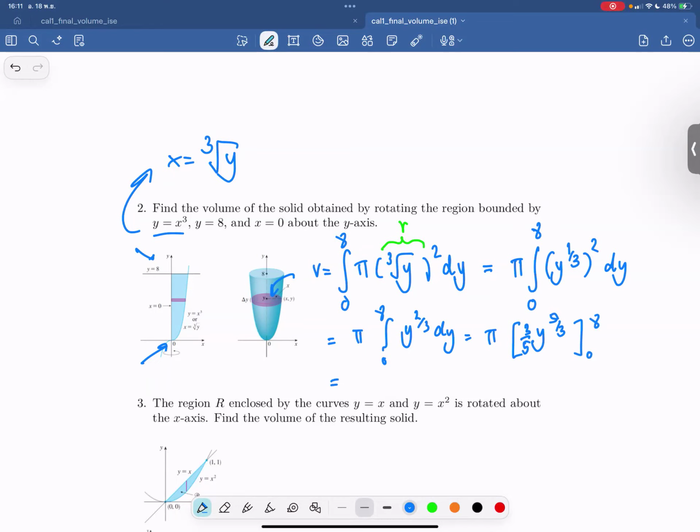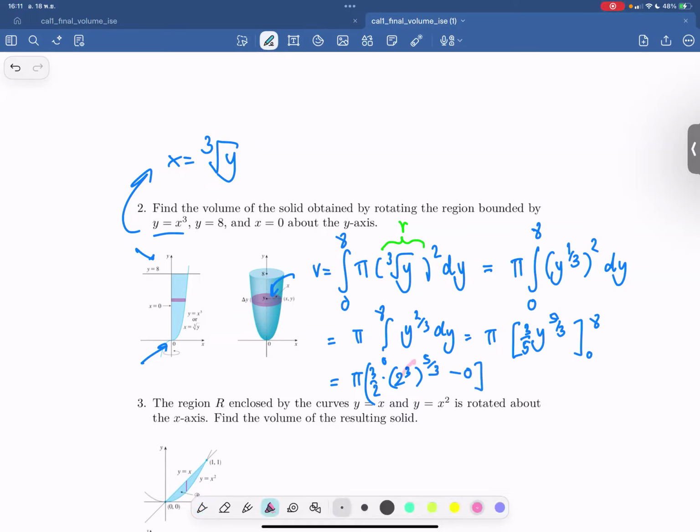And we set y to be 8. So it should be 8 to the 5 over 3, and then minus 0.